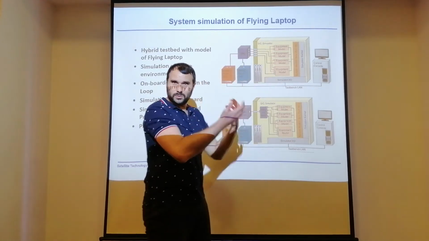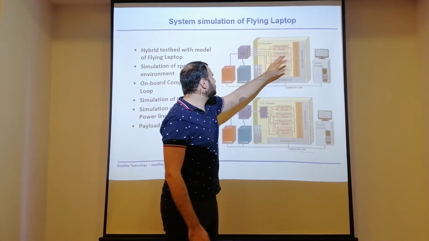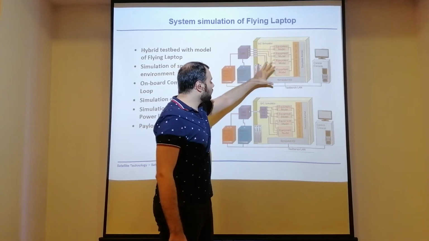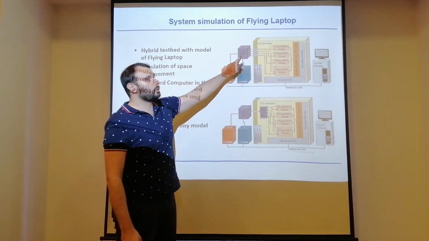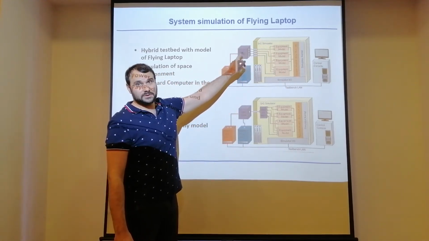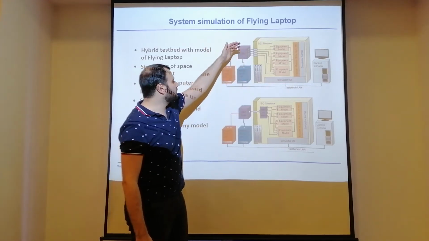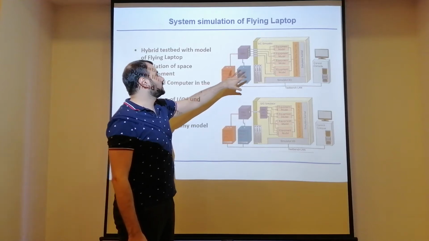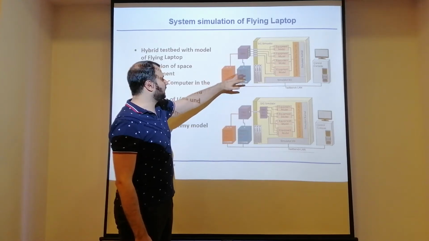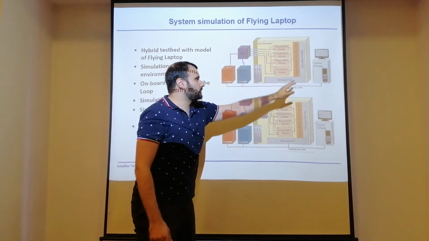So you have models of your equipment in your spacecraft simulator, and all those models are connected to the actual onboard computer, or an engineering model of the onboard computer, which is then connected to your telemetry, telecommand front end, and your power and your control PC.